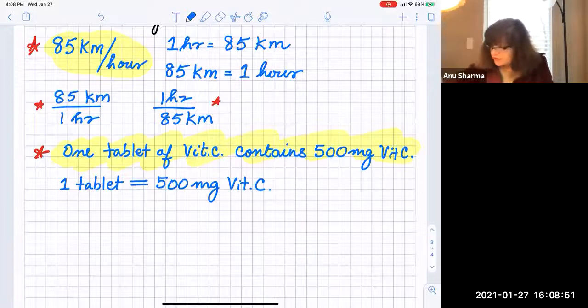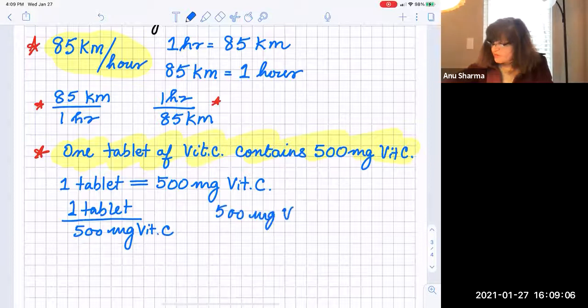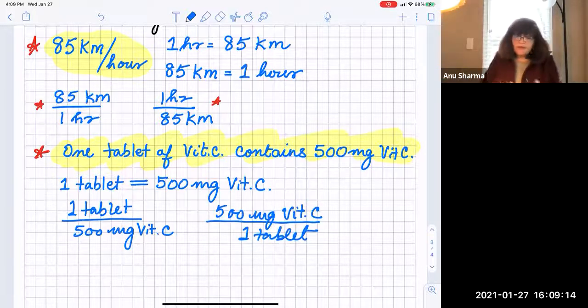And now you can write the conversion factor: 1 tablet over 500 milligrams vitamin C, or 500 milligrams vitamin C over 1 tablet. Okay. So this is one way.